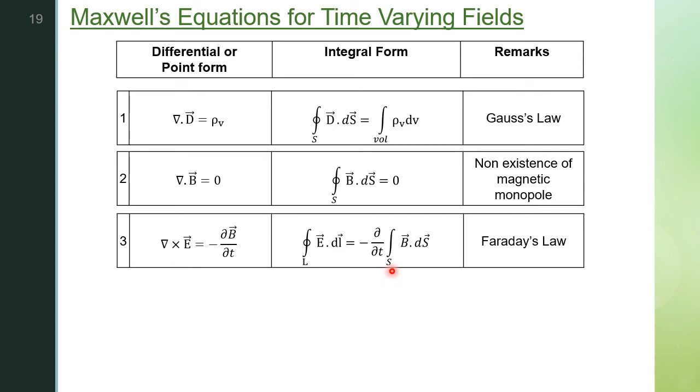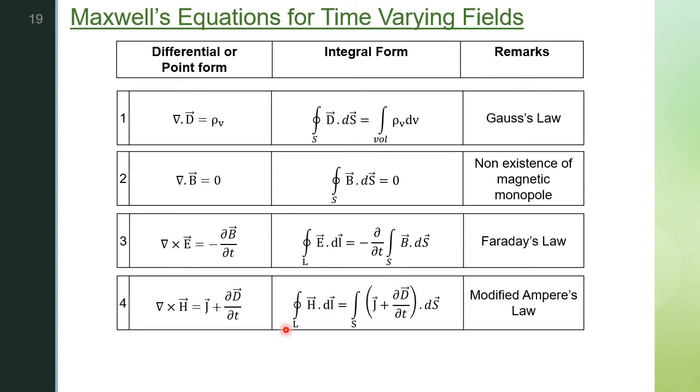And the last Maxwell's equation was modified from Ampere's law, and it stated del cross H equal to J plus ∂D/∂t. Now, when you converted it into integral form, we got the closed integral over L of H dot dl is equal to the integral over S of (J plus ∂D/∂t) dot dS.